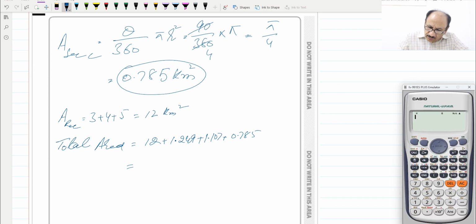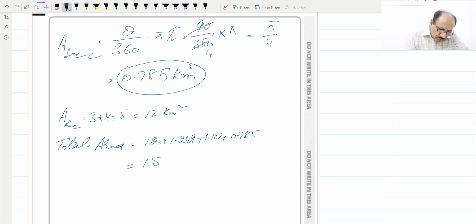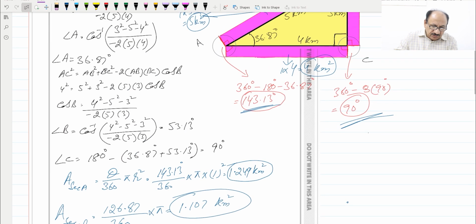This will be 12 plus 1.249 plus next will be 1.107 and plus 0.785, and this will be 15.14 kilometers square. This will be area which is out of bound for others, and we have done this question.